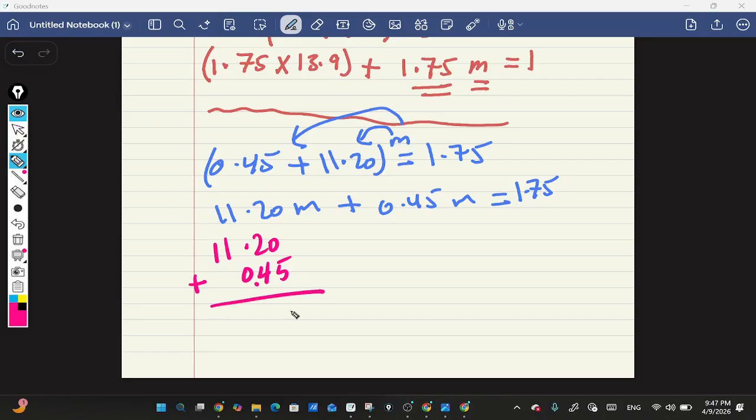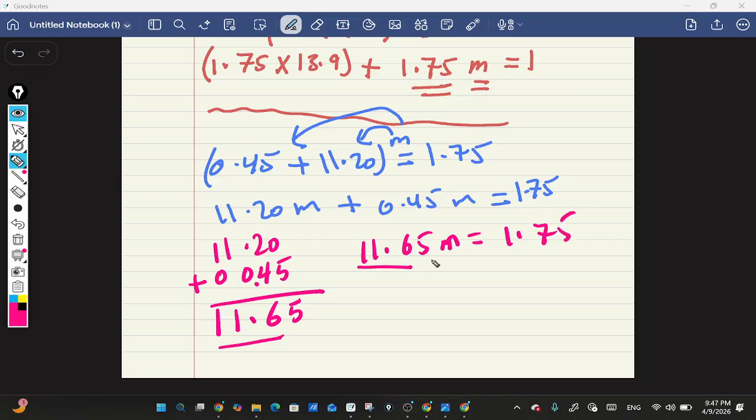In this case 0 plus 5 is 5, 2 plus 4 is 6. Now 1 plus 0 is 1, 1 plus 0 again is 1. So 11.65 m equals 1.75. It seems like here that each mile the taxi will charge 11.65.